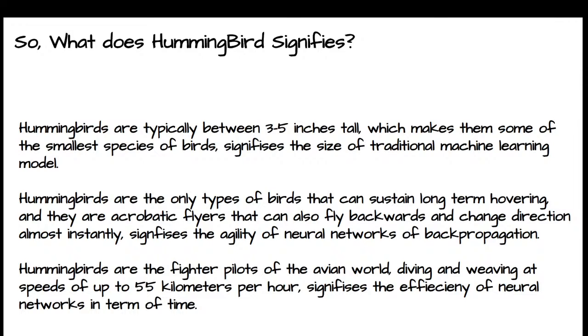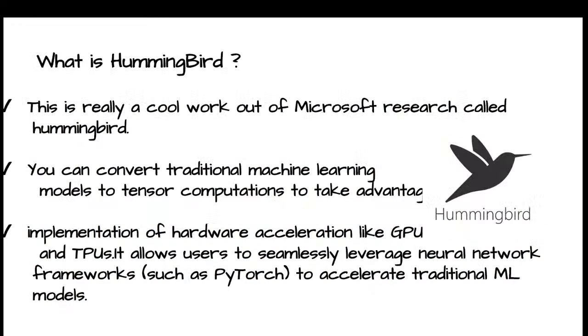So what does it signify? The speed of the hummingbird signifies the efficiency of the neural network and the time it takes to compute a single tensor computation. That is way faster than what we do in traditional machine learning models. So this is the significance of hummingbird in machine learning.